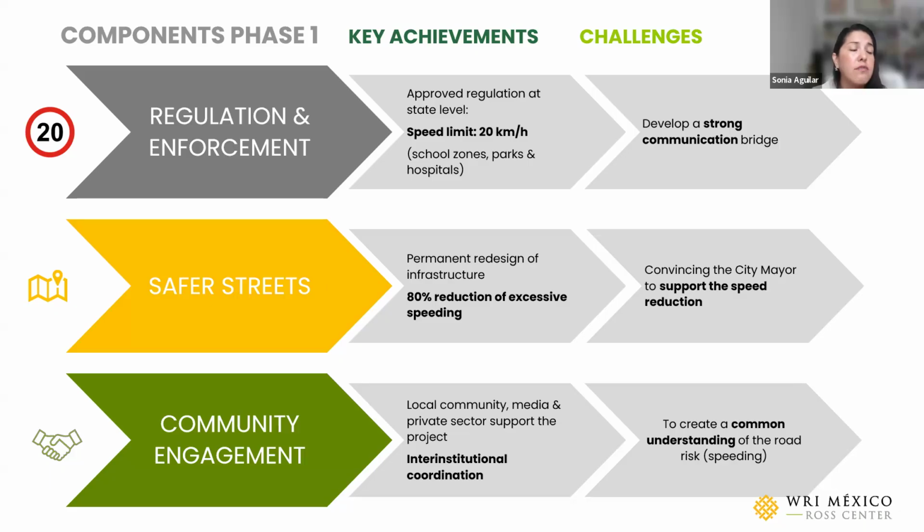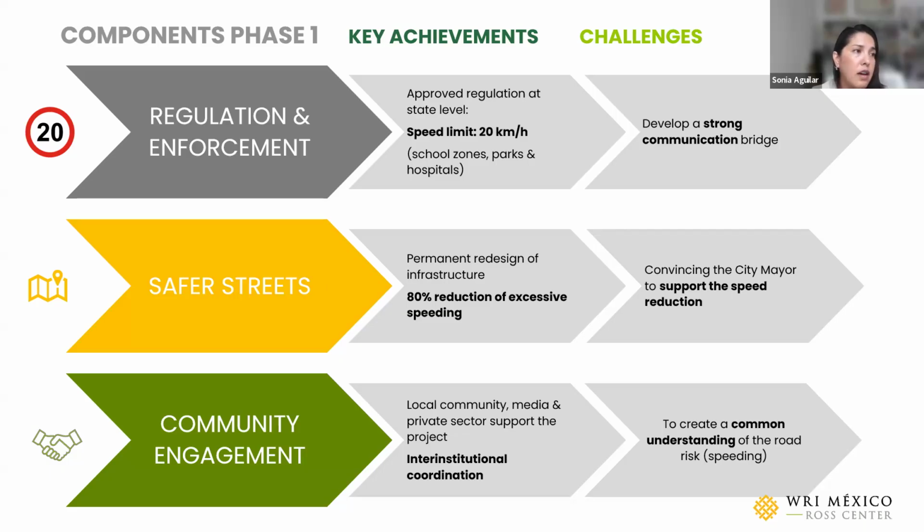They have different political parties, and they understood road safety issues in different ways. So it was a big challenge to get them to agree on having the same speed limit for all the municipalities, because this will be addressed for all the schools in this state.